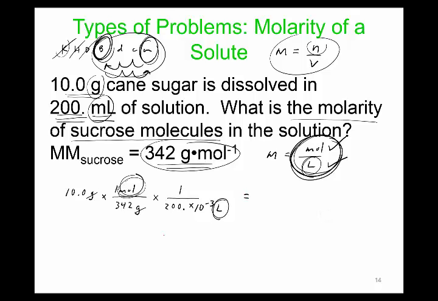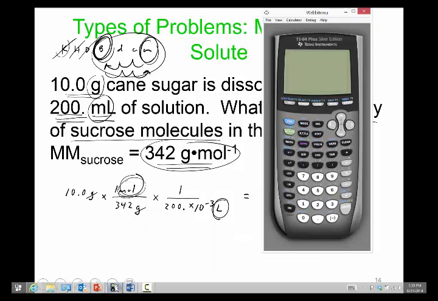So I get my calculator, and then I enter it like this. I go 10, and then I hit divide, and then I like to put the entire bottom part in parentheses.